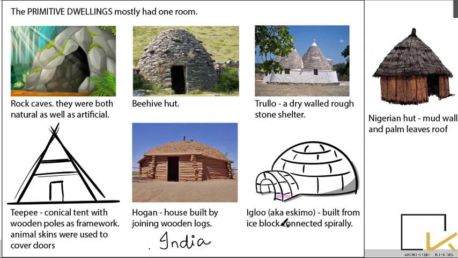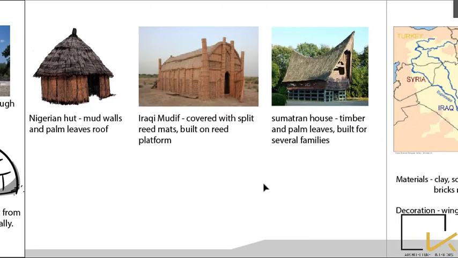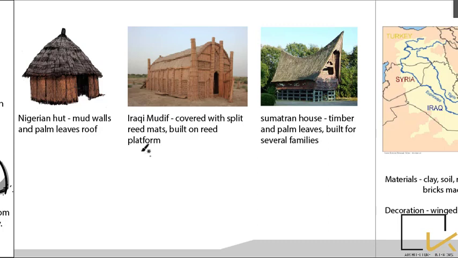Then came the igloo, also known as Eskimo, in colder regions. An igloo was mainly built from ice blocks connected spirally. The next settlement is the Nigerian hut.